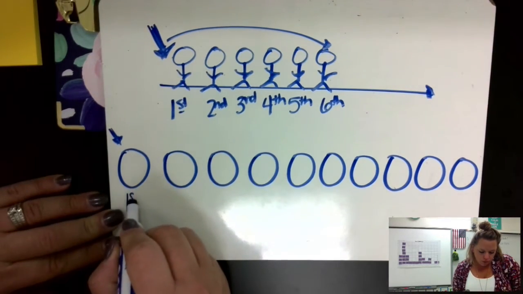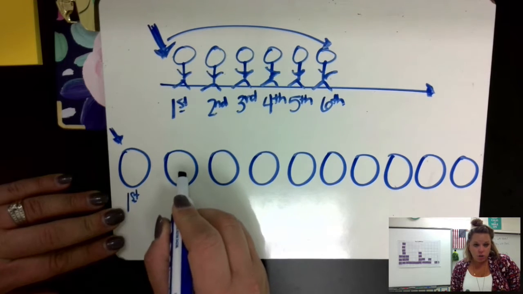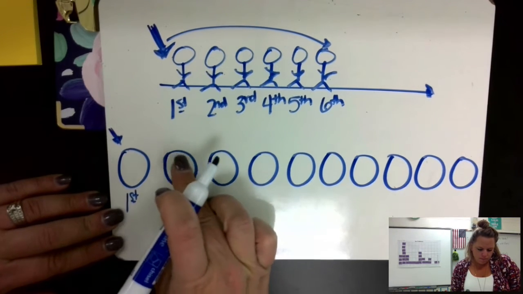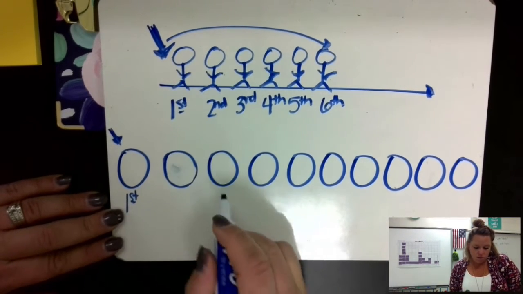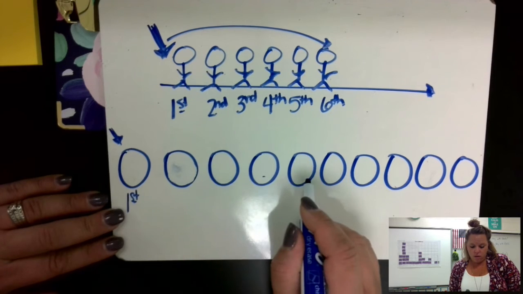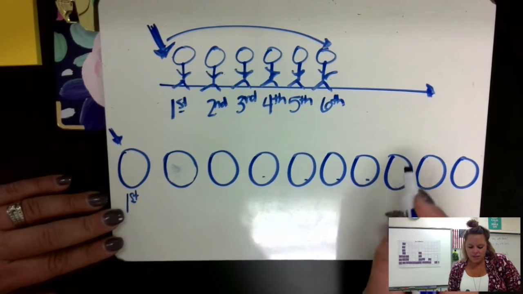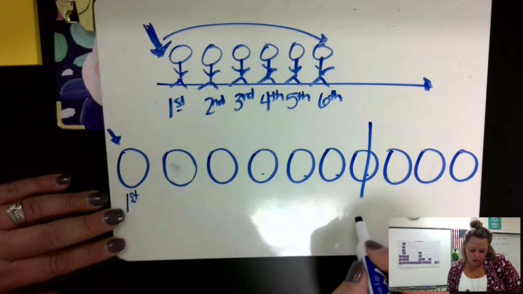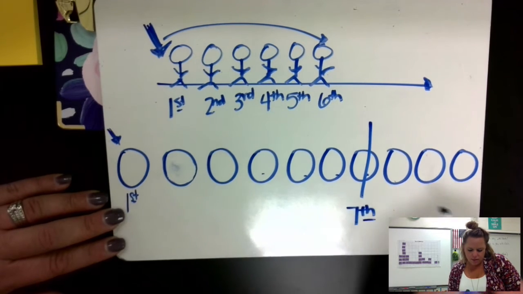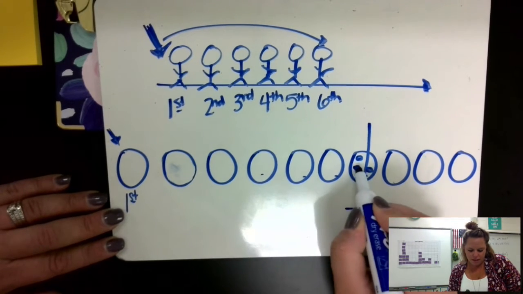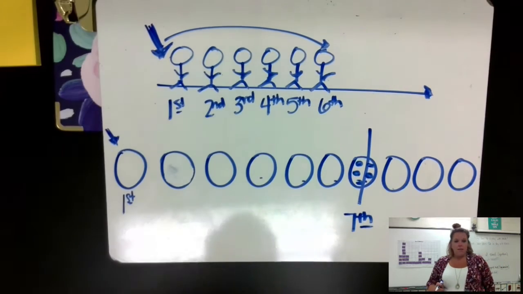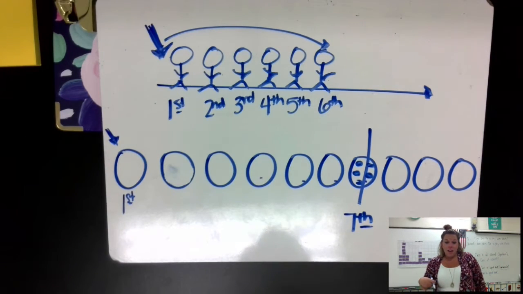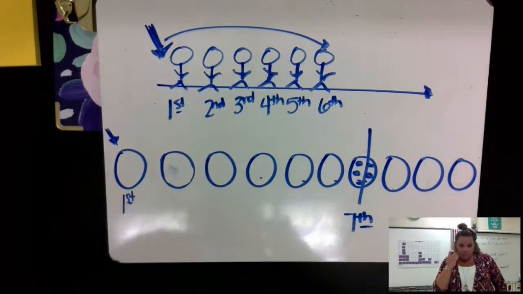So this is the first ball, second, third, fourth, fifth, sixth, 7th. Okay, this one right here, that's in the 7th spot. I'm gonna give it some spots. That ball has spots on it. That's the 7th ball in the line of balls.